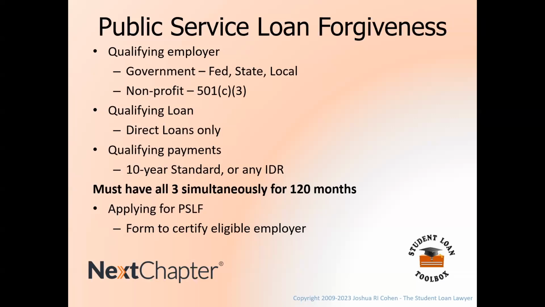And qualifying payments are either the 10-year standard or any income-driven repayment. You must have all 3 simultaneously for 120 months at any time after October 07. Anything before October 07 doesn't count. But if you've done any nonprofit or government work since October of 07, come to the next webinar on the IDR account adjustment, because there's a way to get retroactive credit for you or your clients.